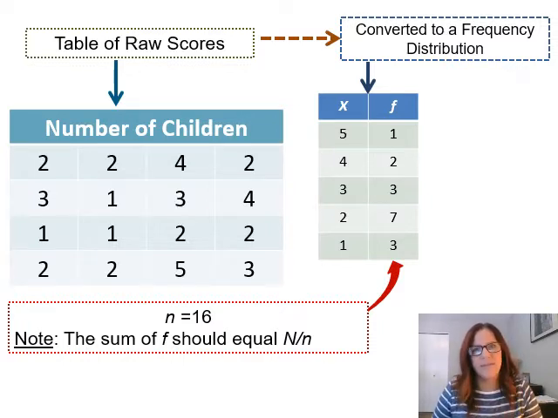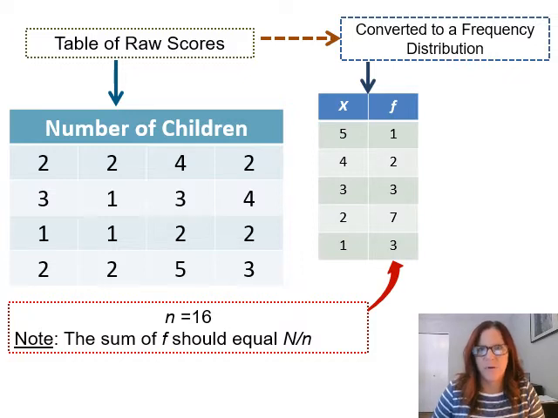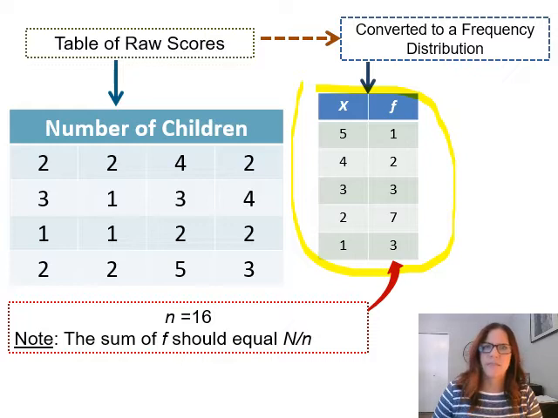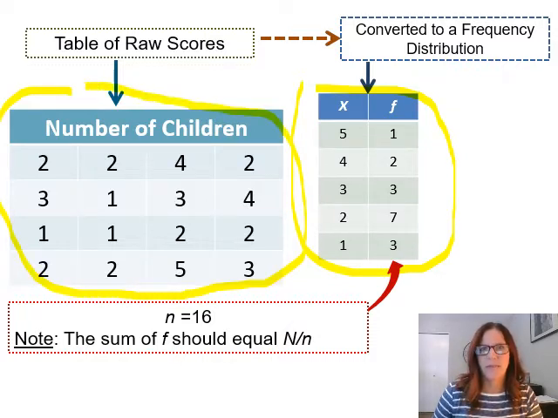Each of these tables is basically the same information. It's just we have the frequency distribution, which is this table, versus this table of raw scores. Now this raw scores table is pretty simple, because we only have 16 scores in it.